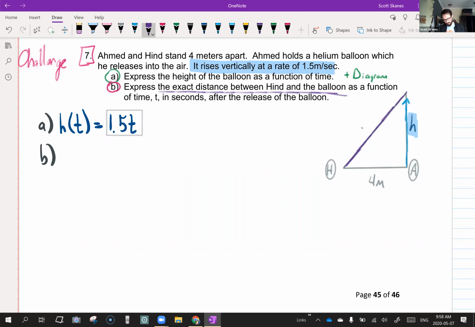That's D. Express that as a function of time. So get the hypotenuse as a function of time. What's our easiest way to get the hypotenuse if we know the legs? If you know what the triangle is, you should just be able to use Pythagoras. There's more than one way to do this, but Pythagoras is probably the easiest way.